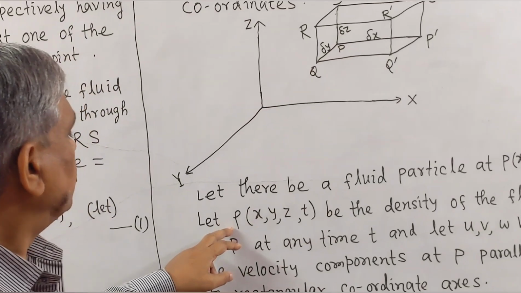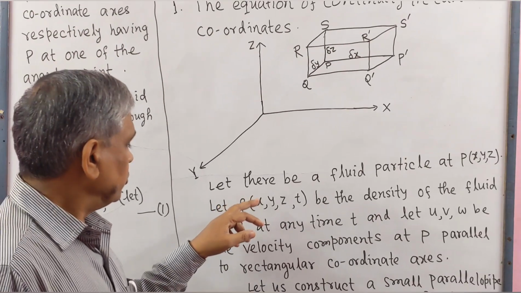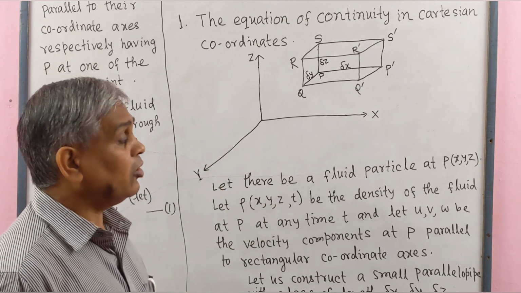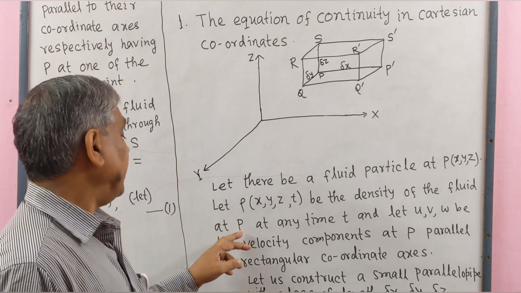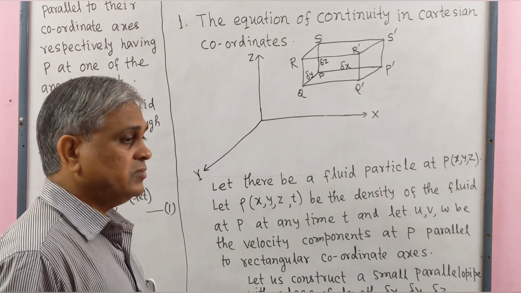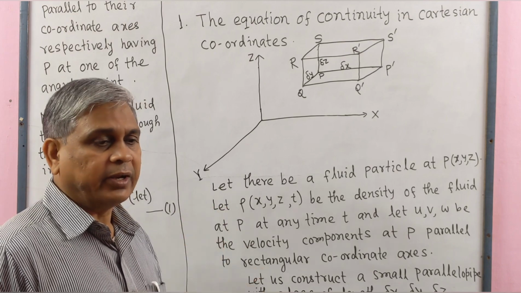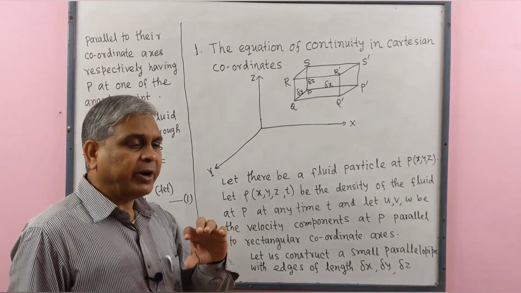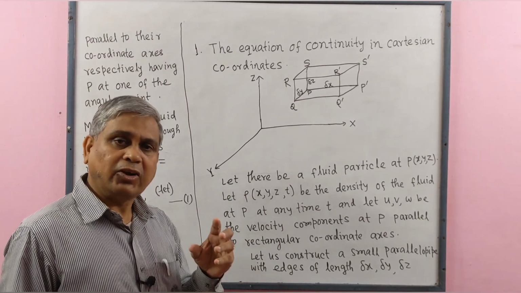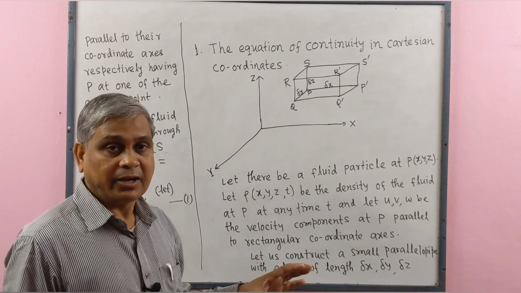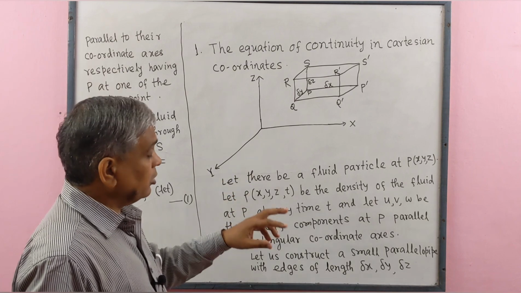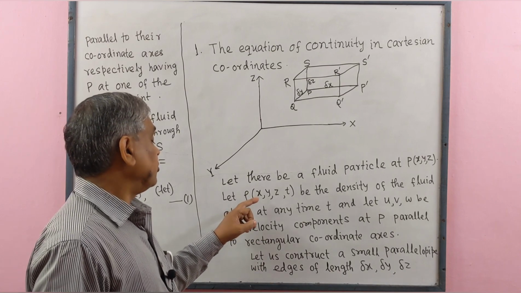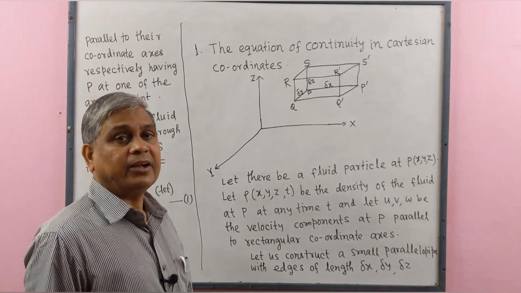Let rho, which is a function of x, y, z, t, be the density of the fluid at the point P. Since the fluid flows and at a different point the density of the fluid may be different, the density depends on the coordinate points and time also.